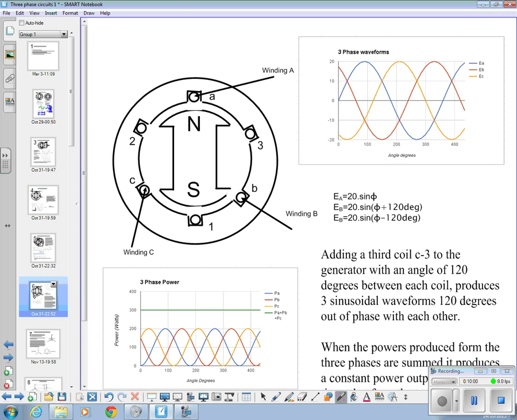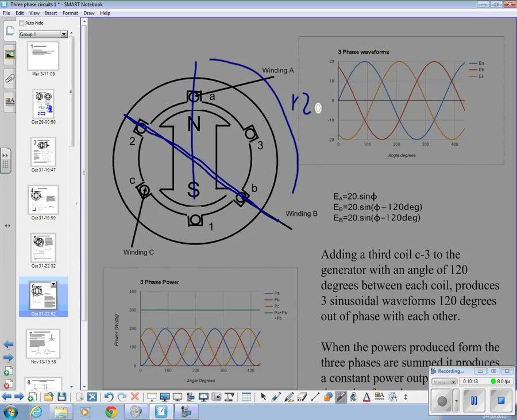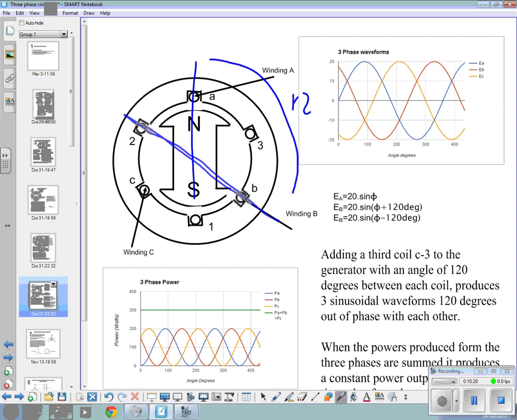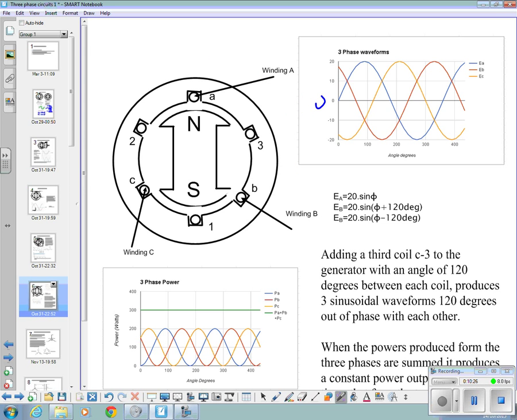If we then go on to add a third winding, so in our 3-phase generator we've got EA coming from that one there, that's 20 sine theta here. We've got EB on those two coils there, with the distance between those being 120 degrees. And then the third one, C, is in there.